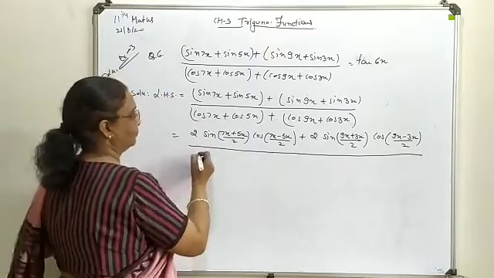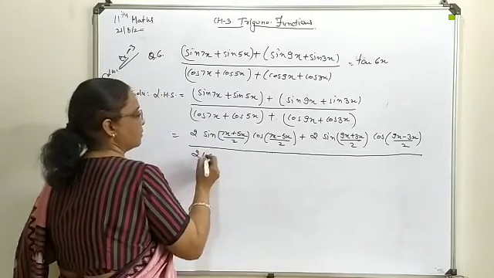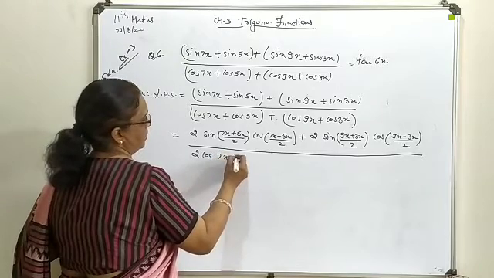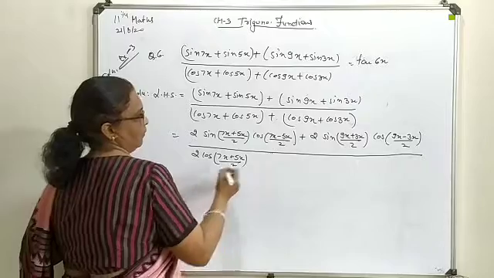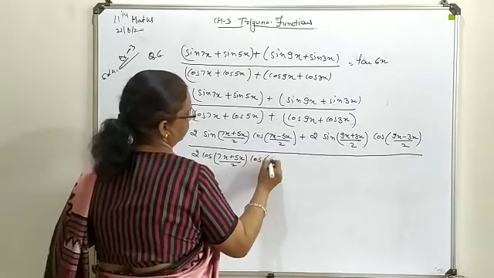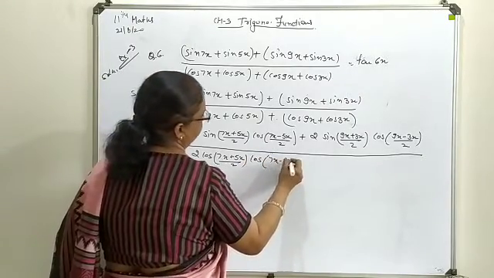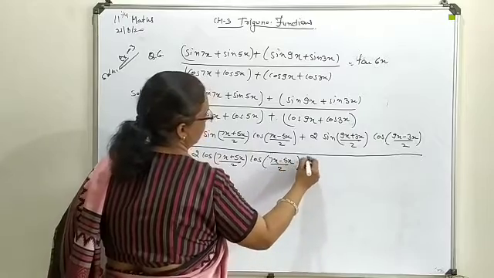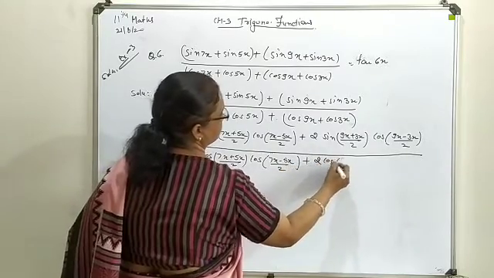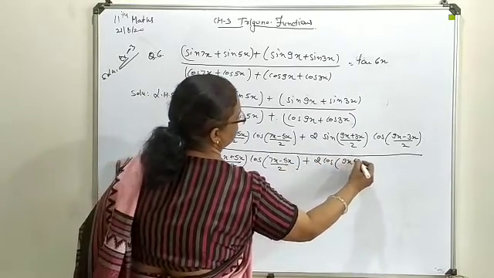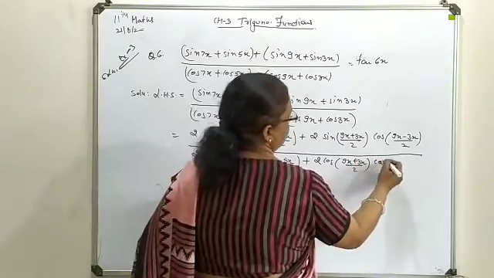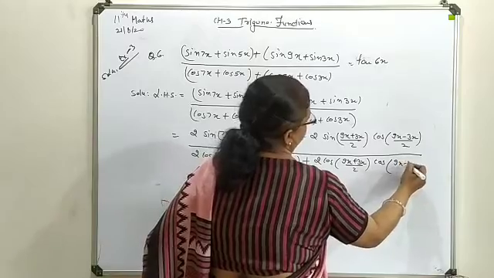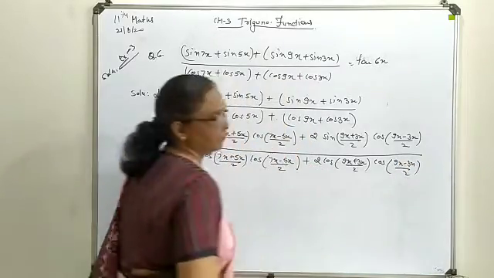Now here, 2 cos (7x plus 5x)/2 cos (7x minus 5x)/2, and 2 cos (9x plus 3x)/2 cos (9x minus 3x)/2.